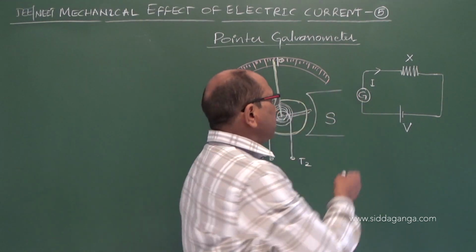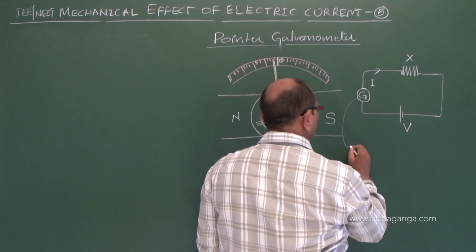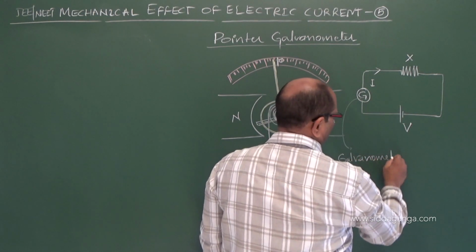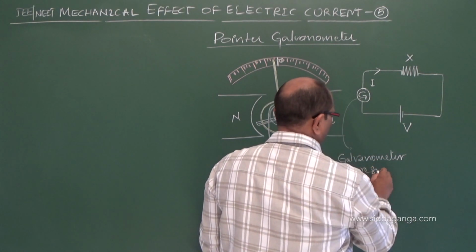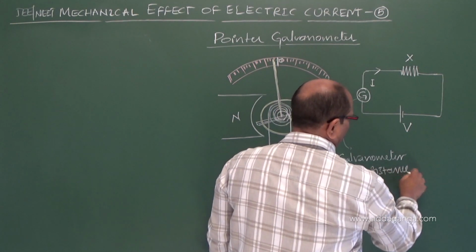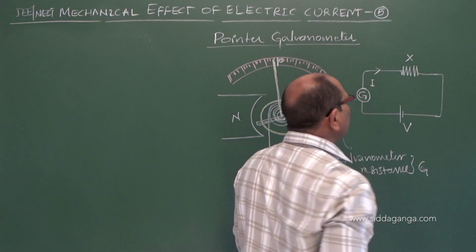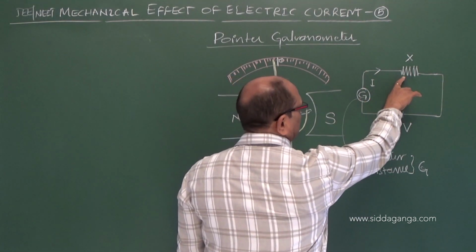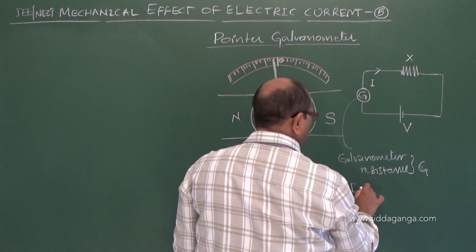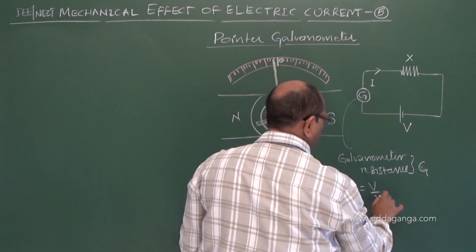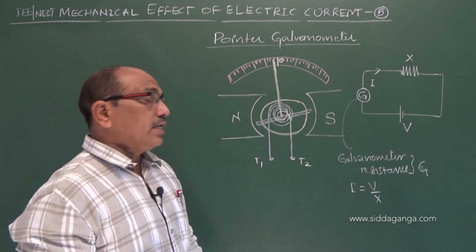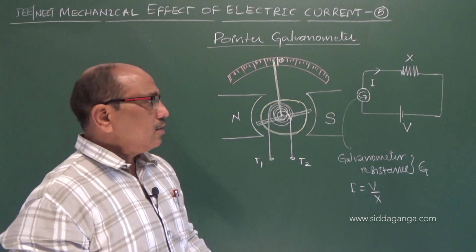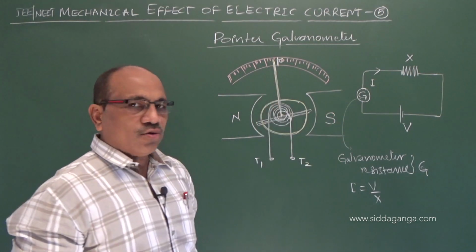The galvanometer has a definite resistance, which I call the galvanometer resistance G. In its absence, if the resistance is only X, the current I expect is V by X. I introduced the galvanometer not to modify the current but to measure it.